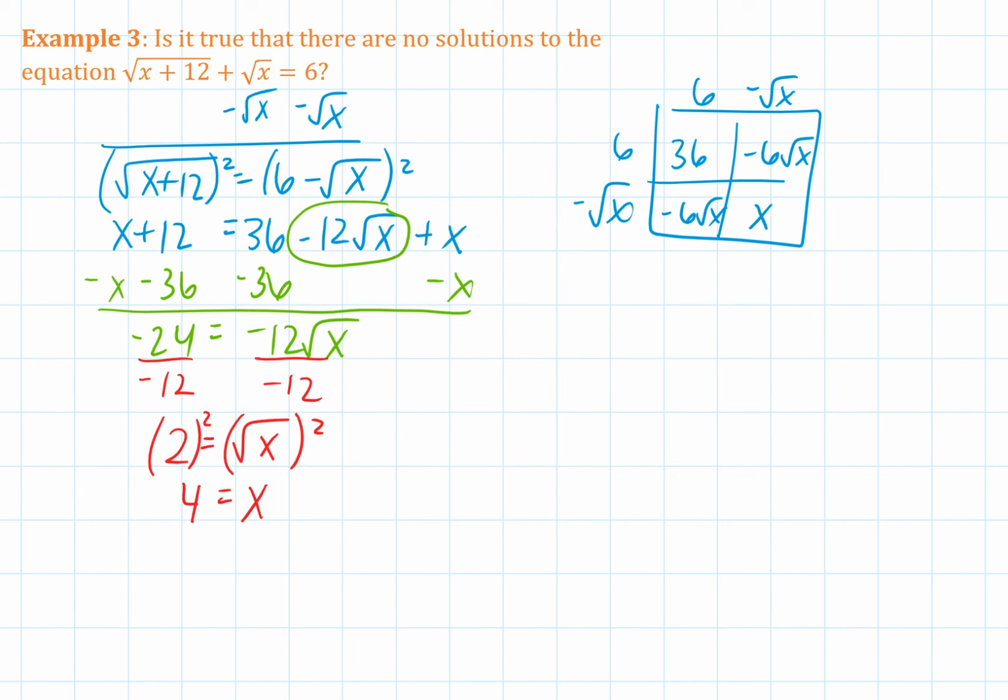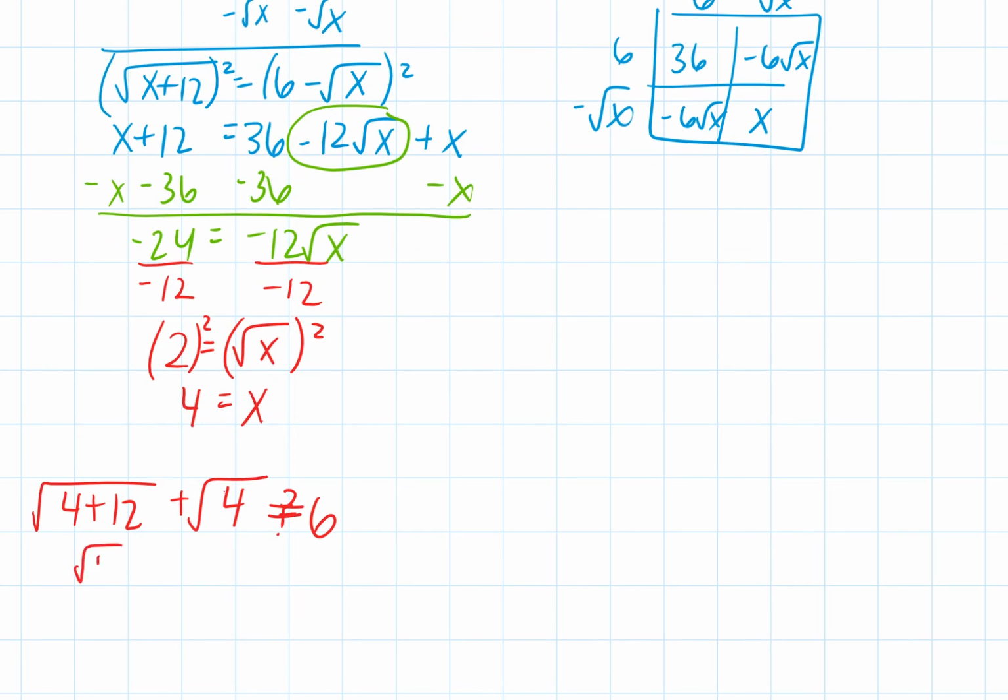Before I box it in, let's just double check by substituting the possible solution into the original equation. Good, it worked. So this is my solution. Ooh, but the question didn't ask me to solve it.